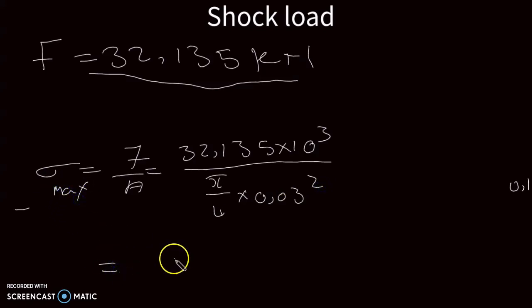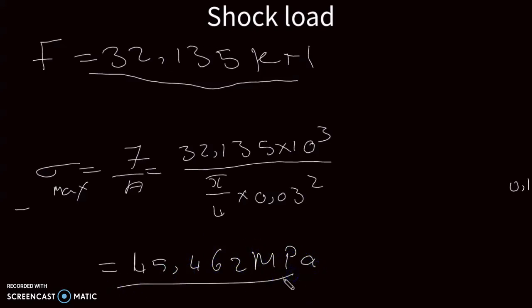And then I got our stress as 5.462 megapascal. This is what we are asked to calculate. And then from here we are going to go to the next question, which is 7.2.